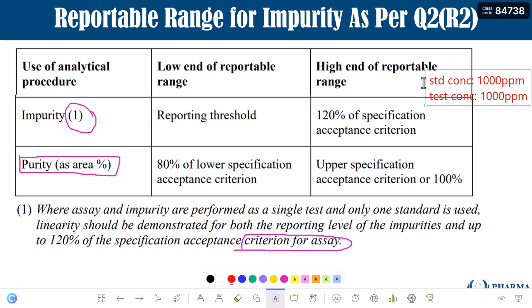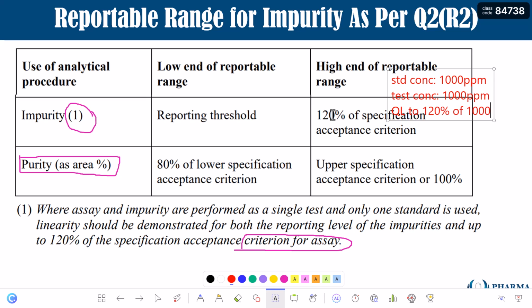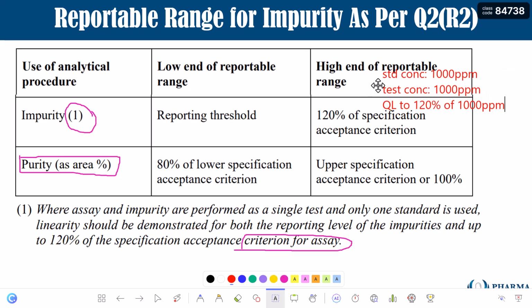So in this case, especially for drug substance, I need to draw a linearity from my low end concentration. For impurity, it is the reporting threshold. Let us say from quantitation limit to 120% of this 1000 ppm. This is the requirement mentioned under point number 1.